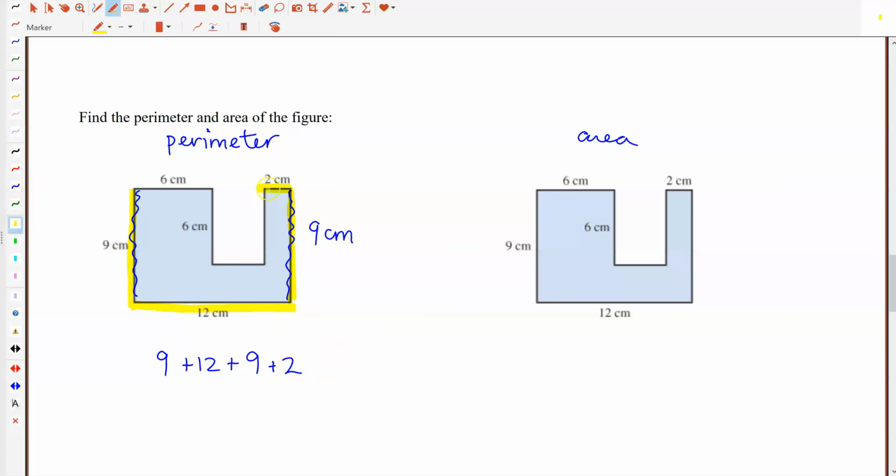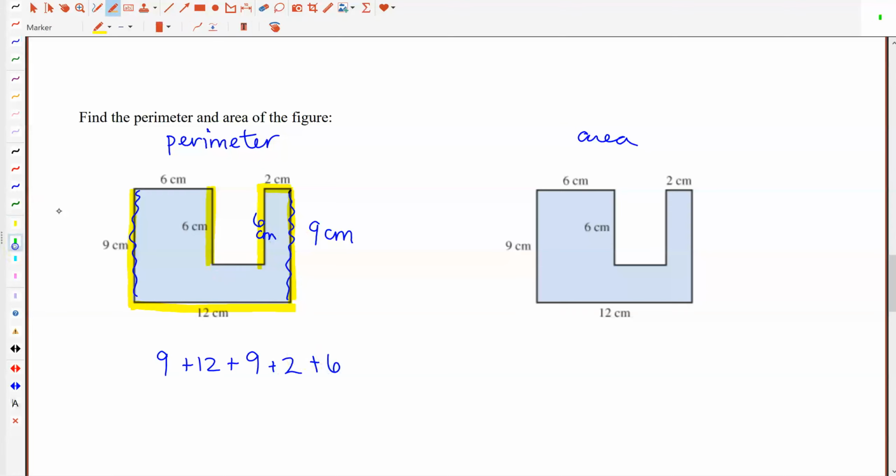Now the next thing I have is this downward piece that's unlabeled, but I know this piece over here is 6 centimeters. So again, assuming these are right angles, this would be 6 centimeters over here. Okay, so coming down, I would have 6.